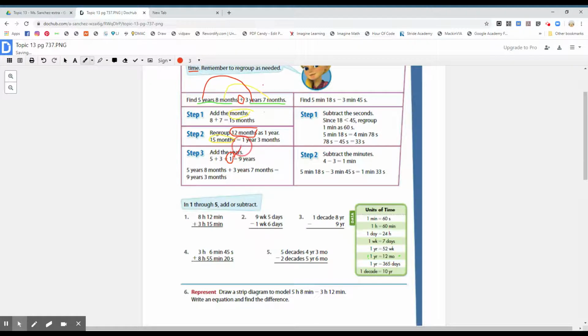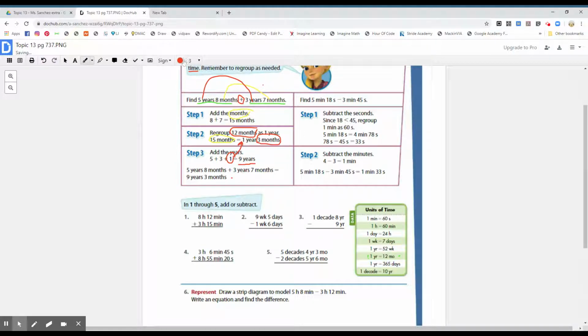They got it from the regrouping of the 15 months, which is that 1 year right there. So 5 plus 3 plus the 1 year they regrouped is 9 years. And remember, they still had those 3 months left. So 5 years, 8 months plus 3 years and 7 months is equivalent to 9 years and 3 months. Okay, now let's look at another example.